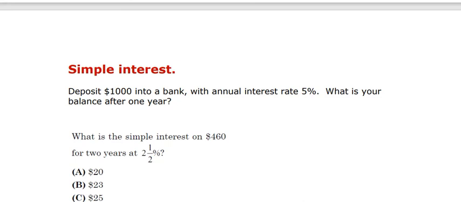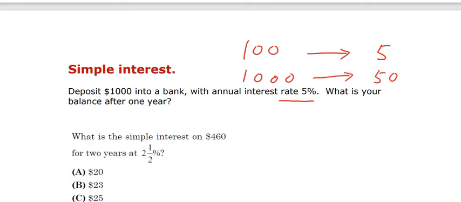Suppose you deposit $1,000 into a bank, and the annual interest rate is 5%. So this means if you deposit 100, you can get $5 as interest, right? So if we deposit $1,000, you can get $50 as interest, right?